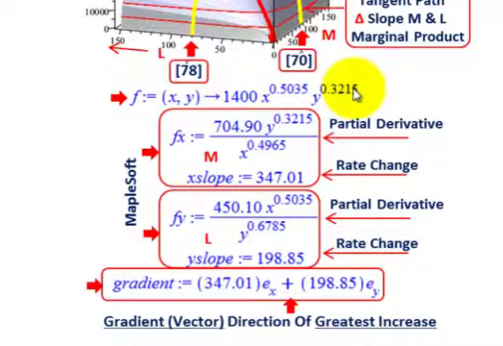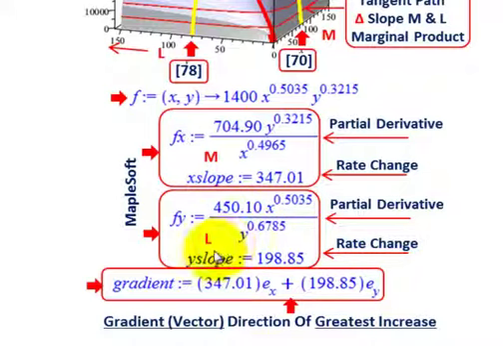Subtract 1 from your y exponent, and 0.3215 minus 1 gives you 0.6785 in a negative amount, so it sits in the denominator in your partial derivative. Again, plug in your material at 70 units and labor at 78 units, and you're going to get a slope of 198.85. That's really the rate of change based on your input of labor at that point.